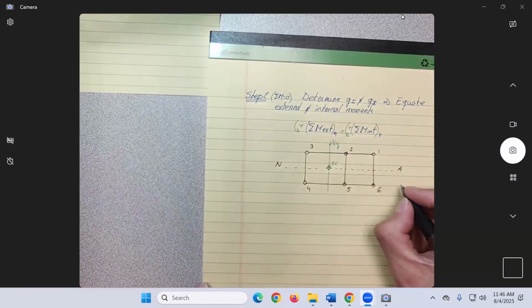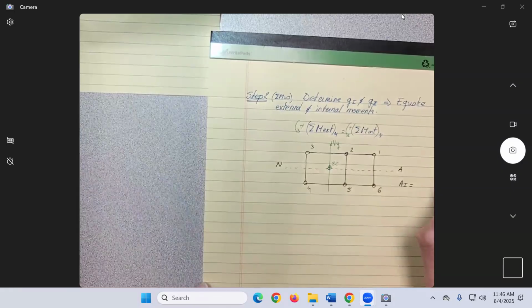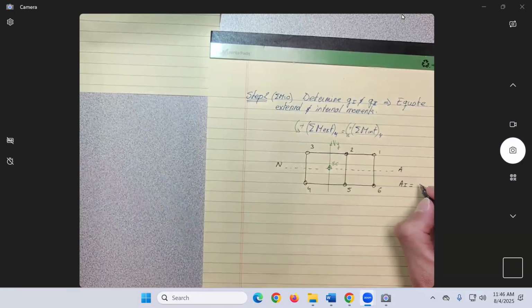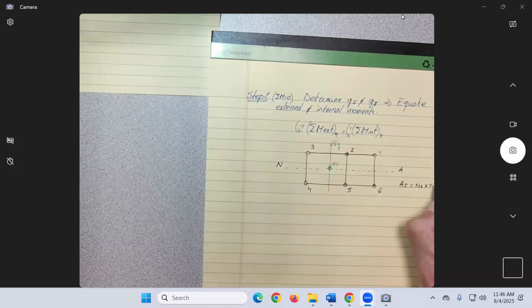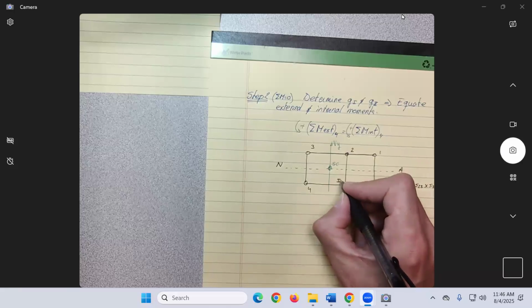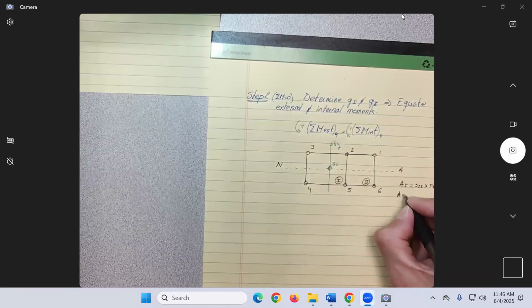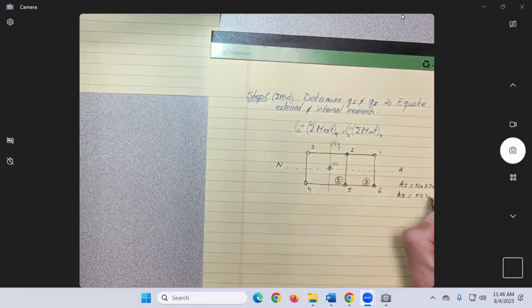Here I'm going to start adding some stuff. Area 1 will be equal to what? This will be equal to S23 times S34. This is panel 1, panel 2, and A2 equal to S12 times, let's say, S25.